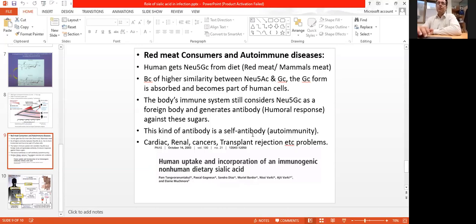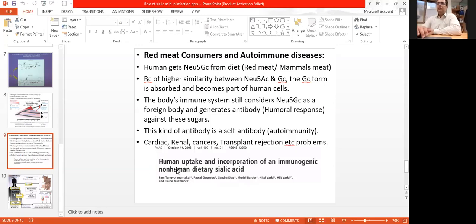People who have received any kind of transplant, kidney or some other transplant or skin, should avoid red meat because that can actually increase the chances of rejection of that transplant.